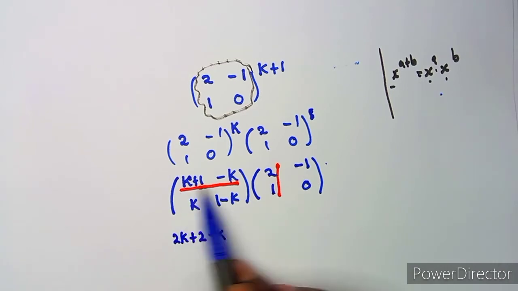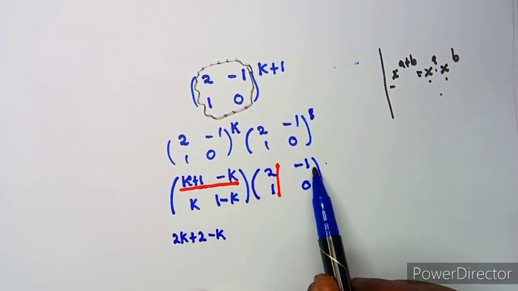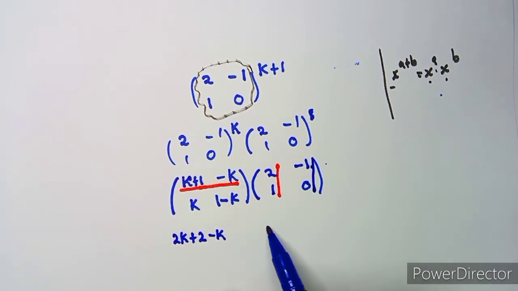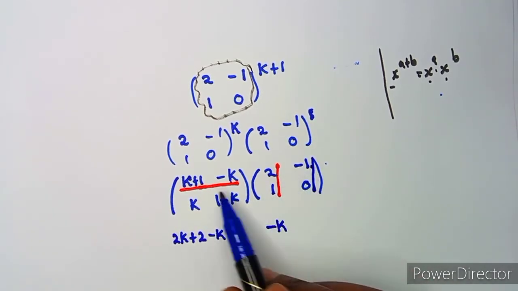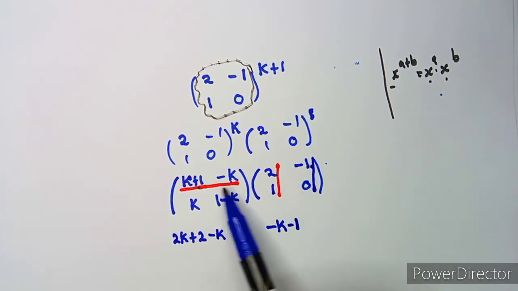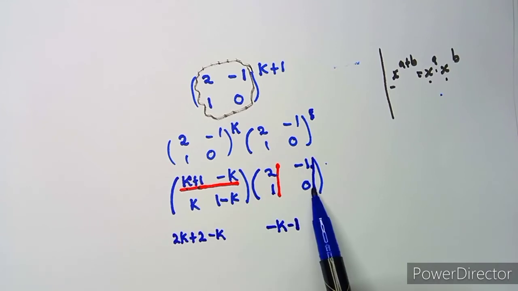We are done with this row and this column. You move on to this row, but with this column now. So it's minus 1 times k, which is minus k, minus 1 times 1, which is minus 1. Then we move on to 0 and k. That's minus k times 0, which is 0, so it's just like plus 0, which means there's no effect there.